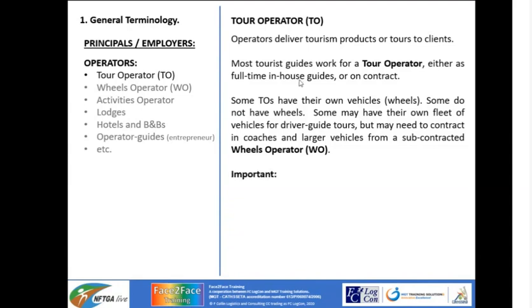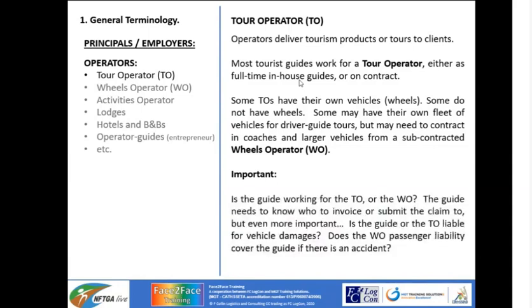What's important for you as a guide when you're working in a vehicle that belongs to company A, but you're actually working for company B, you need to know, are you working for the tour operator or are you working for the wheels operator? Because you need to know who you're going to be submitting your claim to. And it's not always the same. Some operators book the guide and they book the vehicle from somebody else as a self-drive option. Other operators give the guide an itinerary, but they don't book the guide. The guide is booked by the wheels operator. So this all affects who is liable for damage to the vehicle.